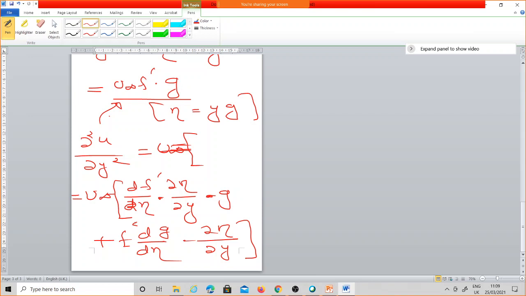Now after you got this, you know that g is a function of x. There is no relation between g and eta, so the derivative is actually 0. So this one is actually 0, which means these terms will vanish.